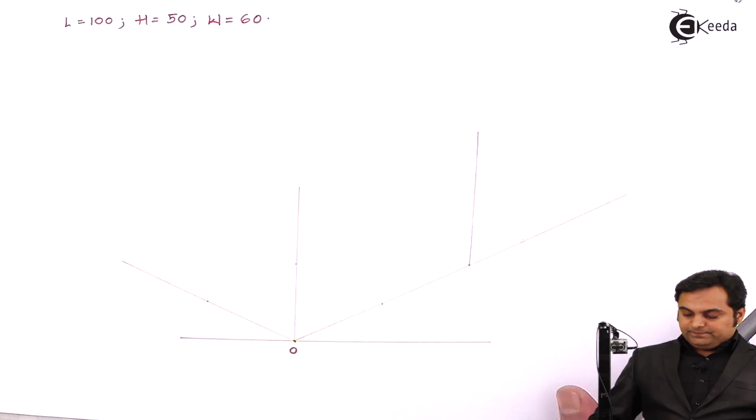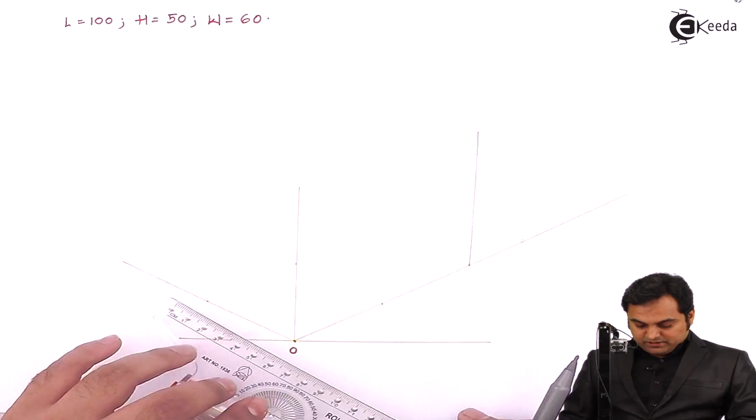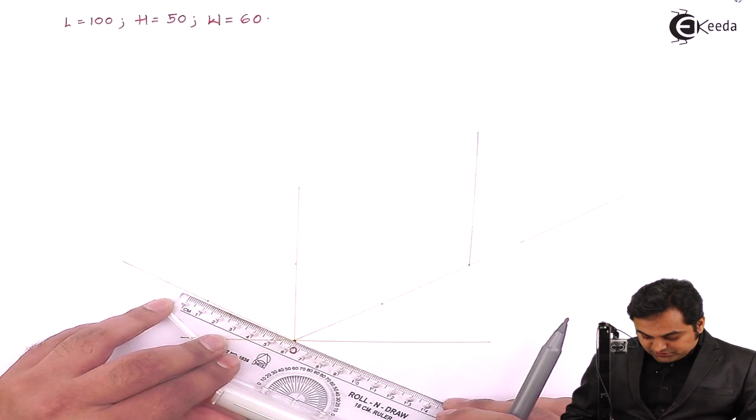Plotting a light vertical line. Next, here the width is 60 mm, so I'm marking 60 mm over this side.